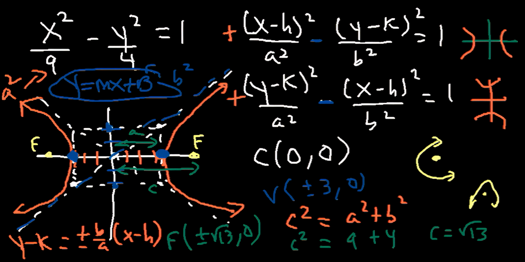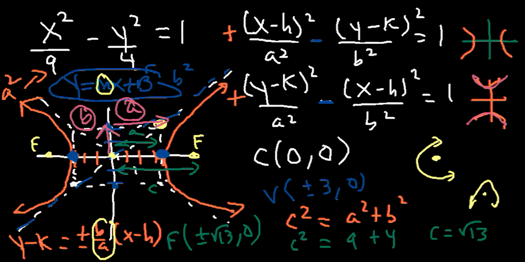Notice that the letter in front of x is m, which represents a slope. So b over a is the slope of the line, which is rise over run. From the center to this point, you go up b units, that's your rise, and then you run a units. So it's b over a for this particular example. When it opens this way, it's actually going to be a over b. But you can tell by just doing rise over run.